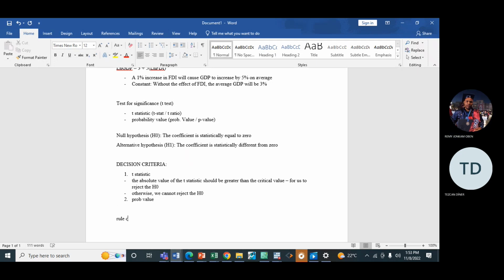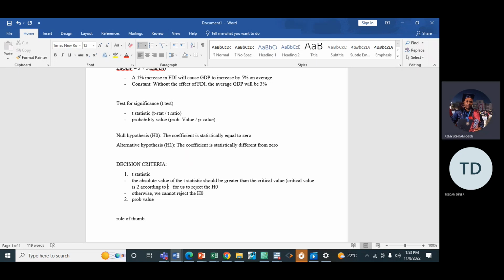For this t-test, the rule of thumb for the critical value is 2.